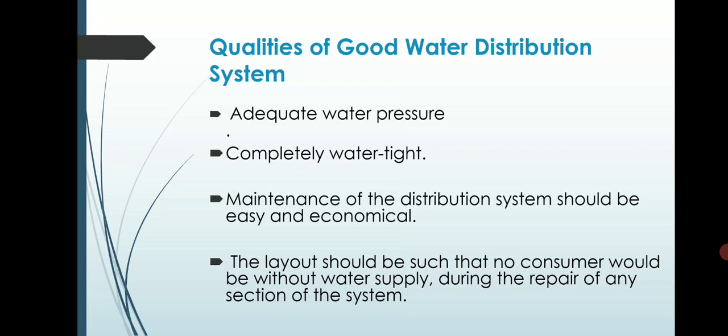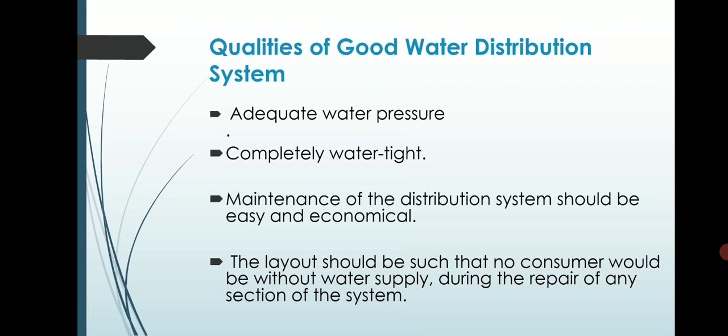Pressure should be great enough to adequately meet the firefighting needs as well. At the same time, the pressure should not be excessive, because developing high pressure costs more, and if the pressure increases, it also causes leakages. When the water pressure is more, it causes leakages, so it will be a loss of water.